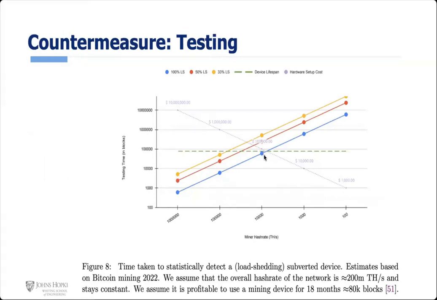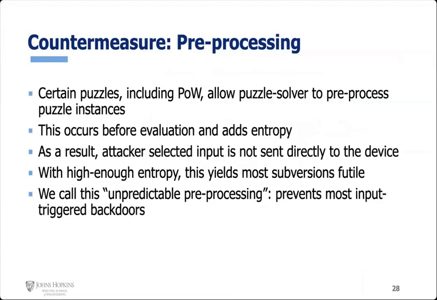Basically, if the hardware that you bought is less than $100,000, you will never find out with high confidence whether the device is subverted before the end of the device's lifespan. So for individual miners, this is actually bad news because there's no way to test and know for sure that your device is subverted. So we come up with a few countermeasures in this paper as well.